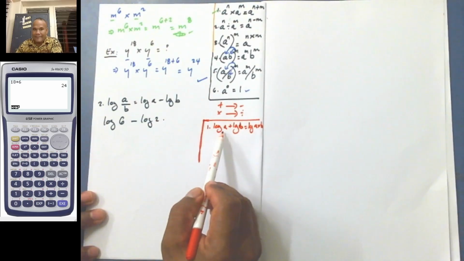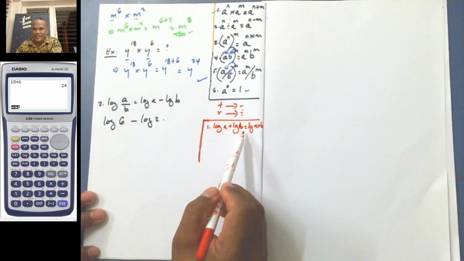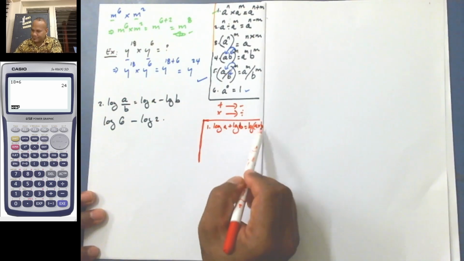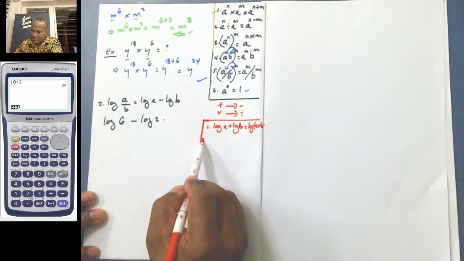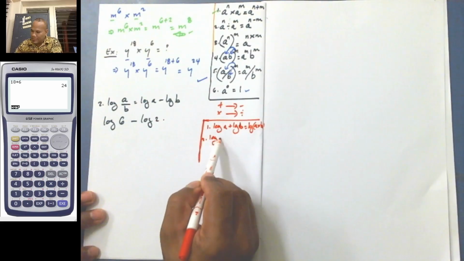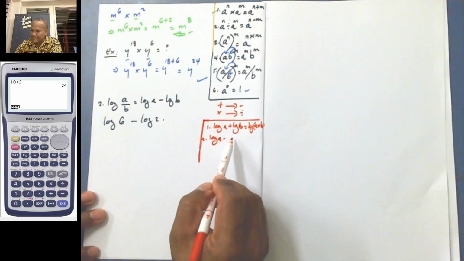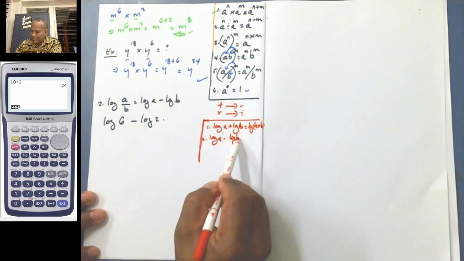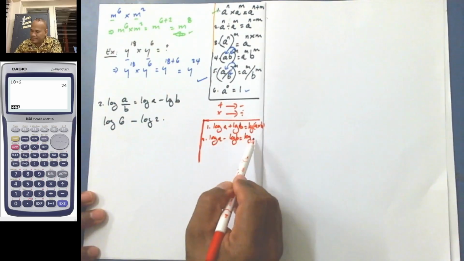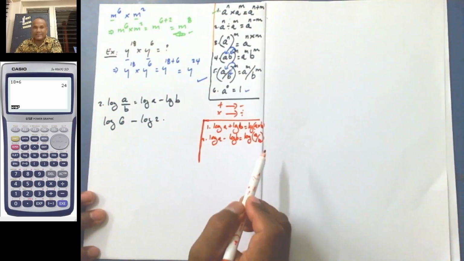Log A plus log B is equal to log A times B. The second law says log A minus log B. Since it's minus, then A and B are divided. That is the same as log of A divided by B in brackets.